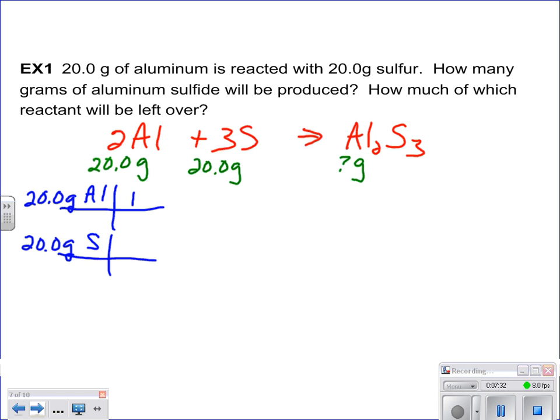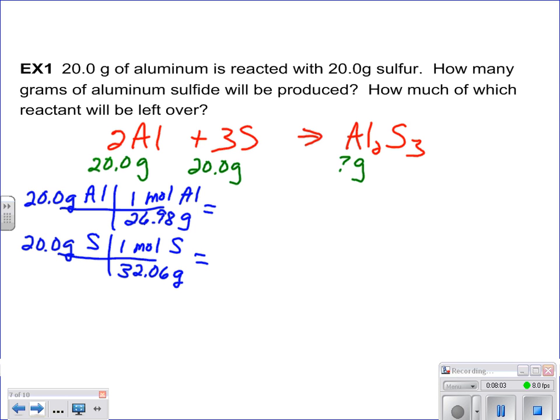We know 1 mole of aluminum has a mass of 26.98 grams. 1 mole of sulfur has a mass of 32.06 grams. I'm sure that you guys have calculators in front of you, clicking away. And I'm going to go ahead and just write down some numbers, but please solve through these as we do it.